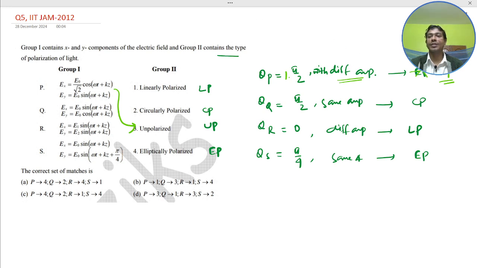You just cut here, this would become the unpolarized, so Q would become 2, R would become 1, and the last one, S, would become 4. So P here, this option would become 3. So C would be our correct answer.